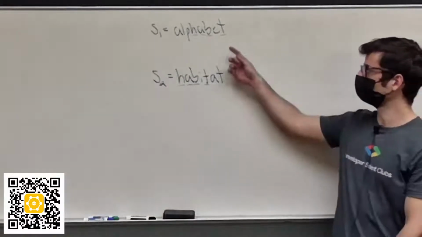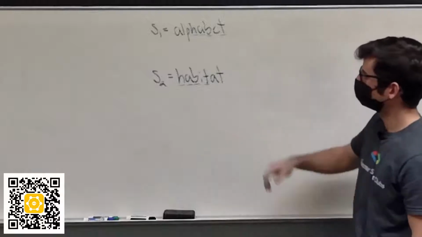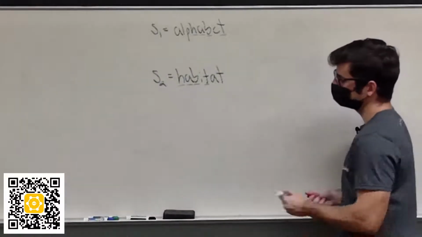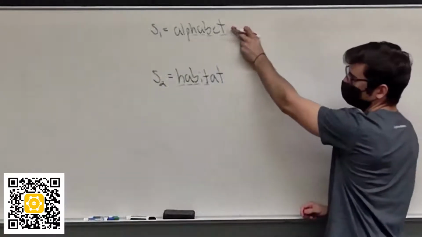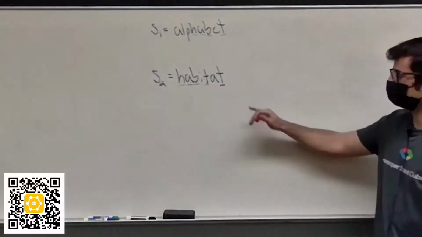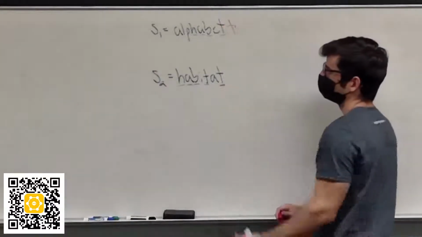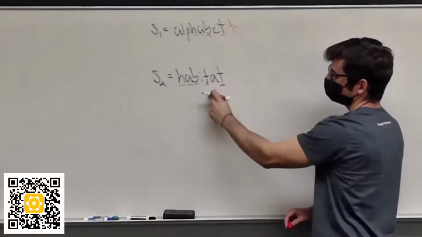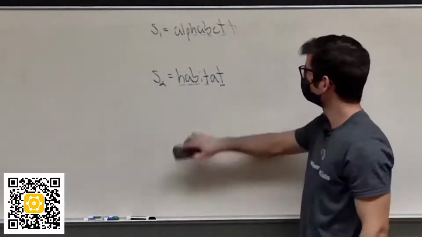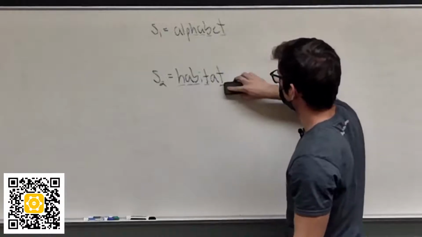For example, here we have one T, and then in habitat we have two T's. We cannot match this one T in alphabet to the two T's in habitat. The only way to do that is if we had another T here. We could match the first T to the first T, then the second T to the second T. But since we don't have that, we cannot use that T multiple times.